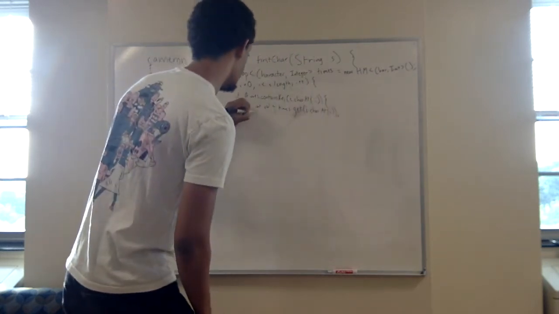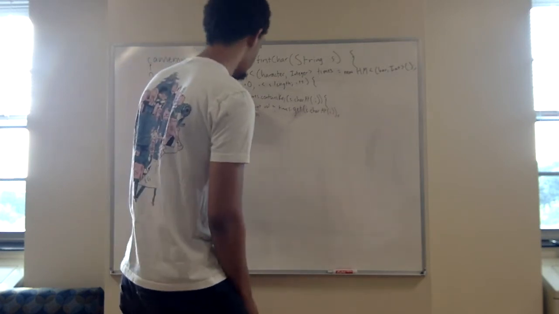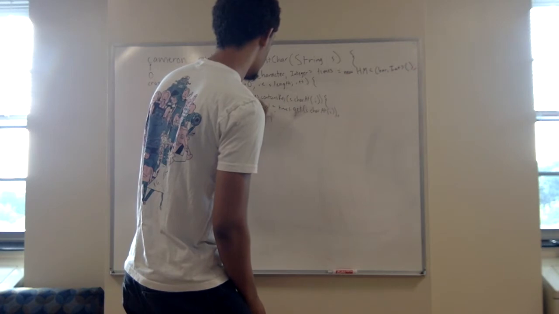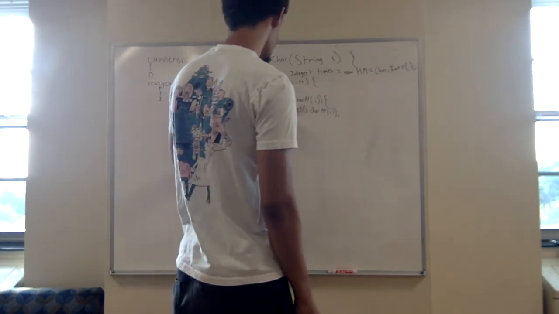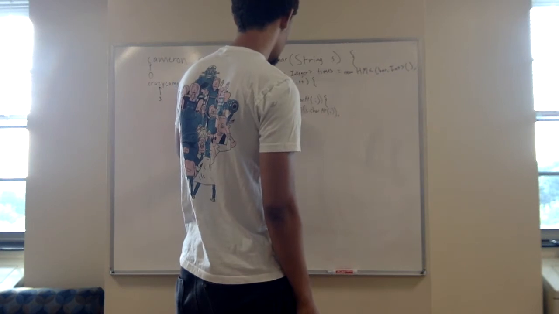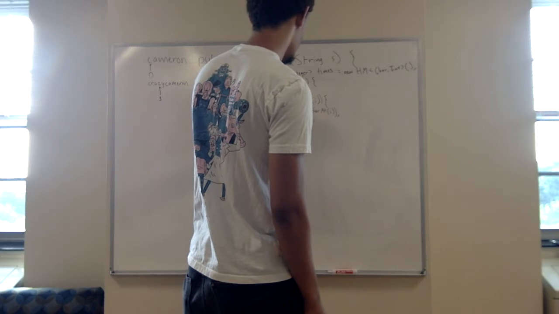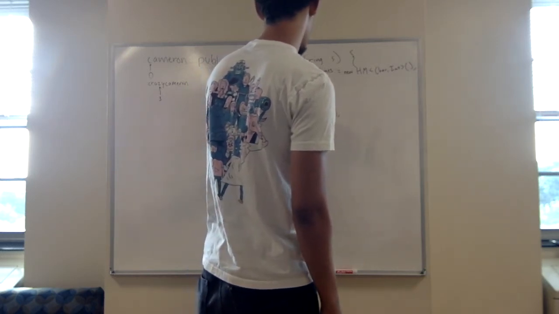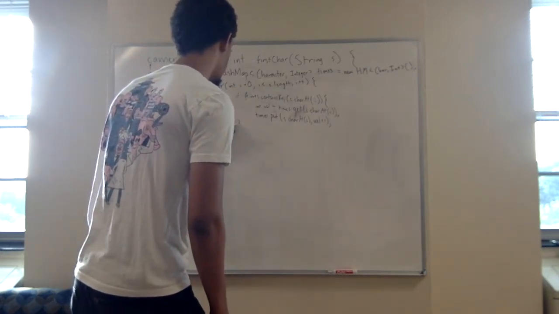And then I want to put that value back in the hash with 1 plus it. times.put(s.charAt(i), val plus 1). And then I want to close this off.